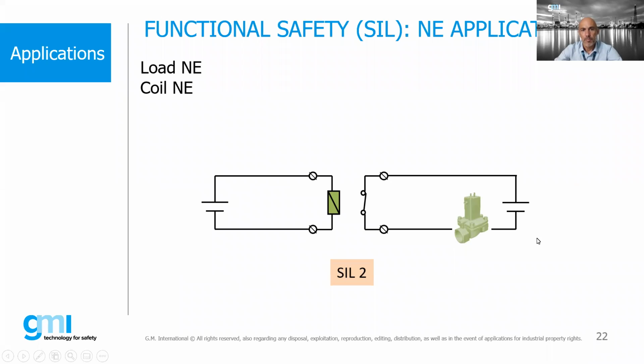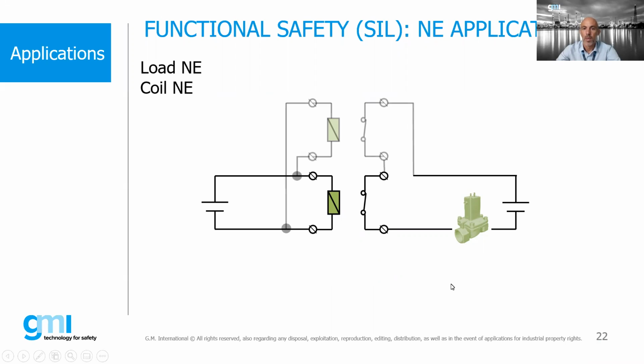Let's make some examples, because I want to give you more details about that. We're talking about a non-energized coil and a normally energized load. This condition can be reached by using just one relay. So SIL2 can be reached by just one relay. That is the norm for energized loads. And easily I can reach the SIL3 condition by using two relays in series.